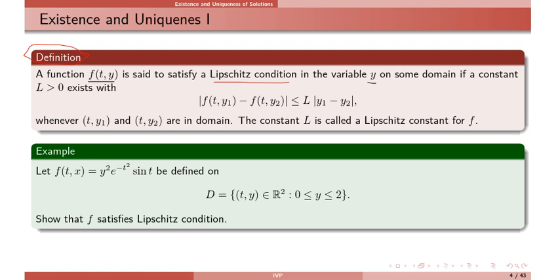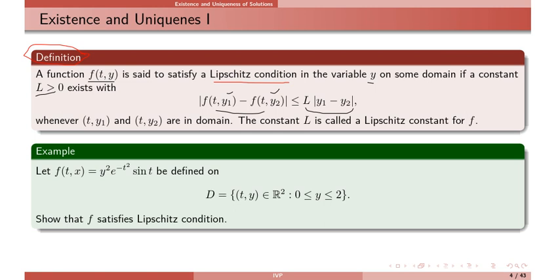if there exists a constant L such that you write this difference, f(t, y1) minus f(t, y2). So take two values y1 and y2, and write this difference in terms of y1 minus y2. You can make the right hand side bigger, and there is no t in the right hand side.